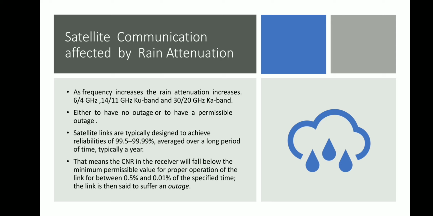The link is then set to suffer an outage, and this is when the power that we are receiving, corresponding to the C by N ratio that we calculated, comes below the minimum permissible limit of the CNR, then the outage is said to occur.